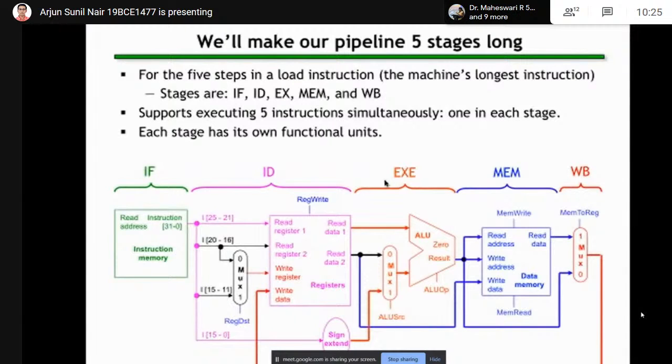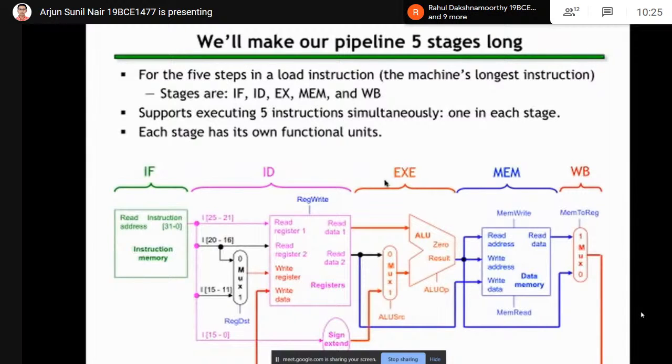Then the operation is executed in the ALU, and the values are then fetched to the memory, and then there is a write back that again uses the write register ports to write.